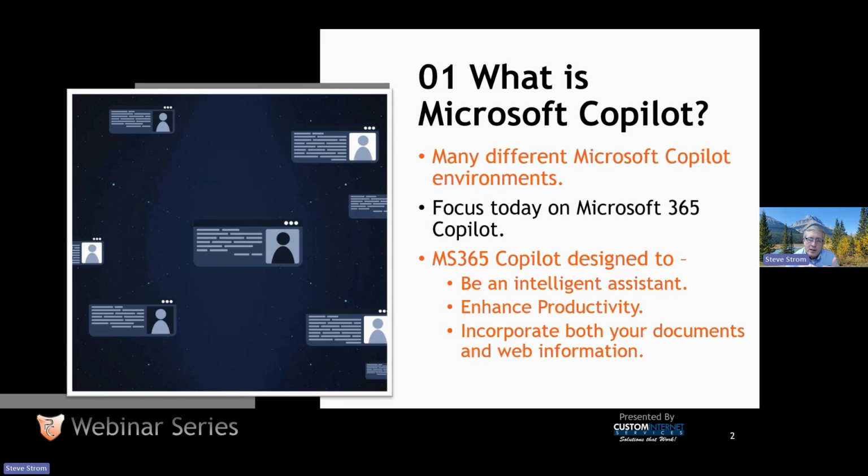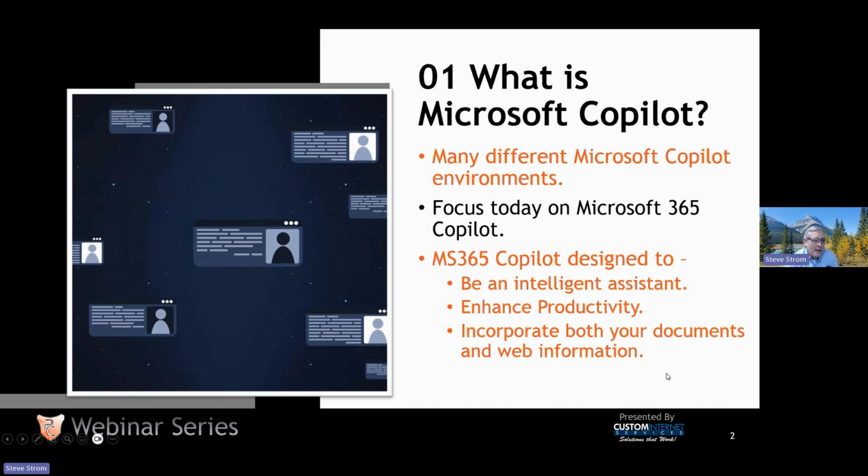It's going to follow the same security measures that you have as you have access to it. And so it's going to be able to incorporate that information into what it creates for you. This is one of the big things that separates it from the other AIs that are out there, this emphasis on security and on keeping your information secure and not making it out to the rest of the world. We'll talk about that a little bit more as we go on.